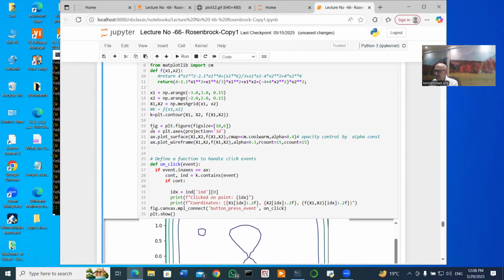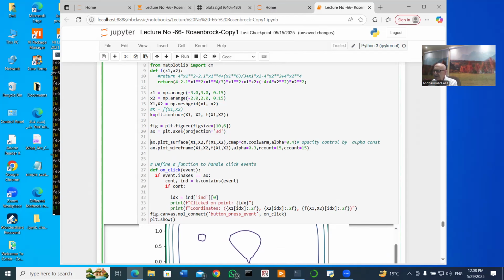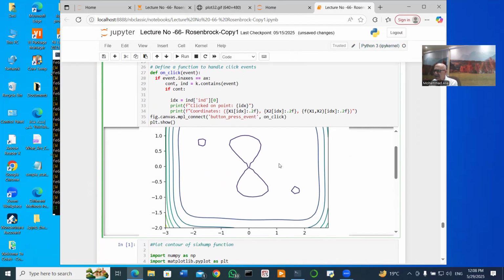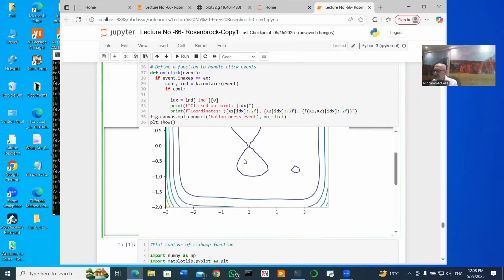I have created the figure and the three-dimensional axis, and now I plotted the plot surface and the wireframe as I did before here.